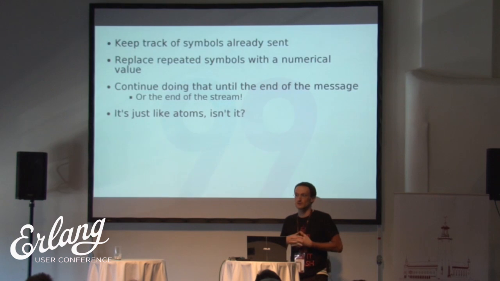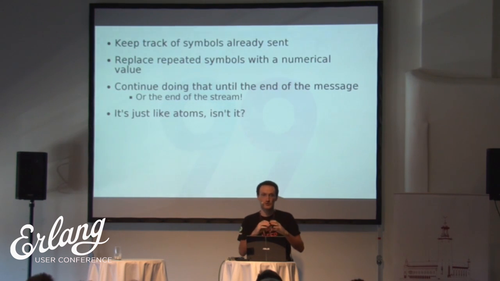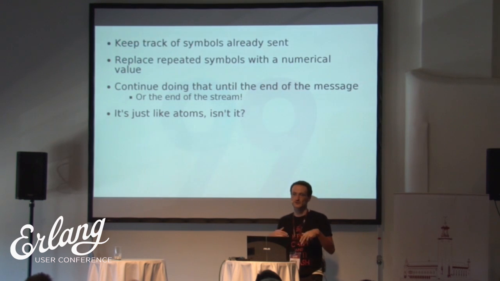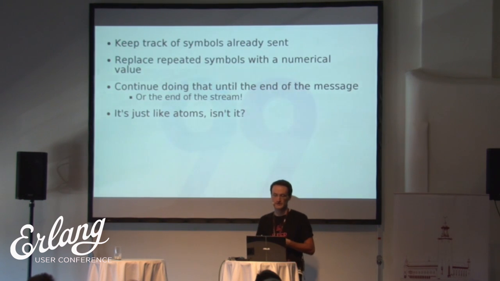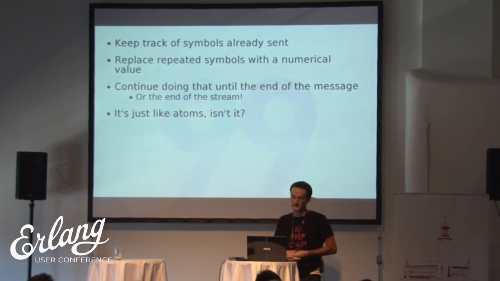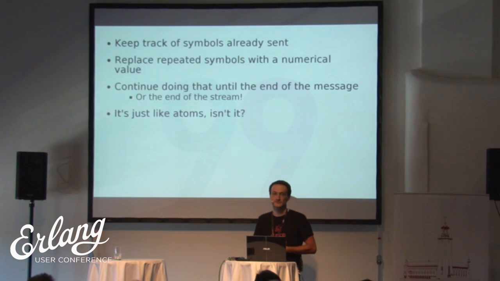Atoms are basically, we have some symbol, some name, for example, blue. And internally, it's actually a number. And when we send this atom to another process, we don't send a string. There is no string comparison or anything. It's a number. So why not do this with this format?